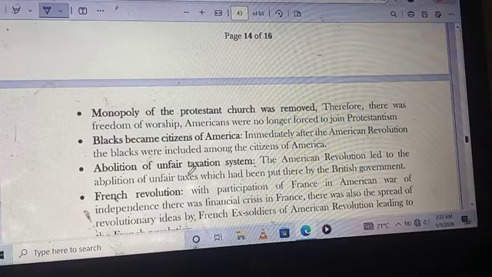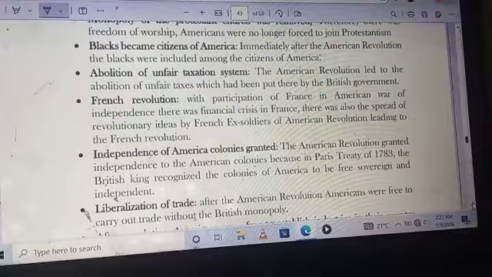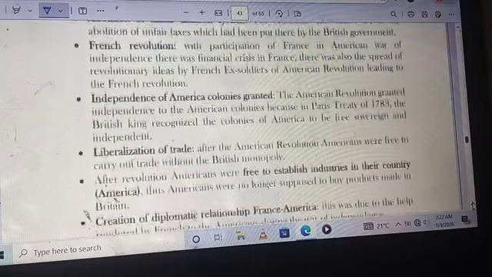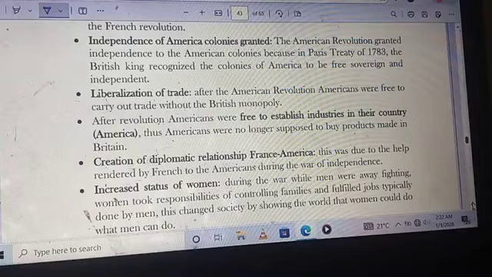Abolition of unfair taxation system. French Revolution. Independence of American colonies granted. Liberalization of trade. Creation of democratic relations between France and America. Increased status of women. As a conclusion, the American Revolution greatly influenced democracy and independence movements worldwide.